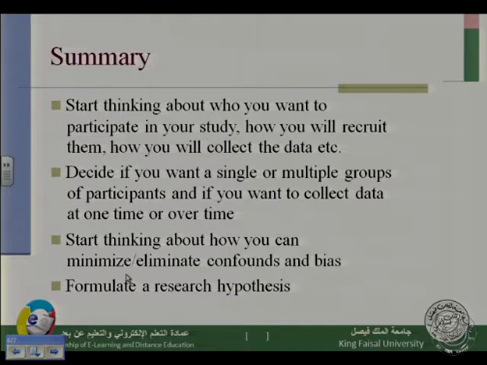Because if you are biased towards something in your research, towards your sample, towards your treatment or your methods, your results are going to be biased, and you are not going to show us the reality or the truth. From research, we seek truth. By being biased, you try to hide the truth, and this is not good. So try to avoid bias.